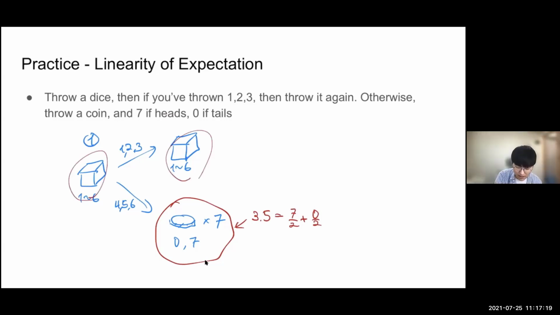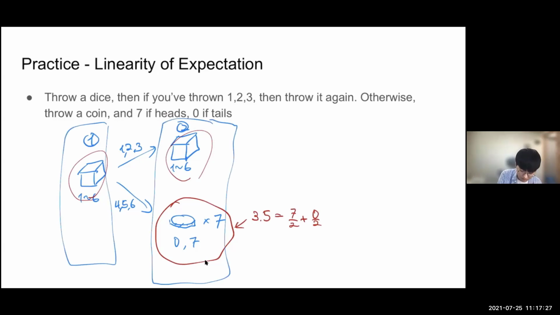So we're adding these two numbers up, which means we're adding the expected value of this and the expected value of this. Regardless of whether you've thrown a 3 or a 4 on the first throw, the expected value of the second throw is 3.5. And we also know that the expected value of the first throw is also 3.5. So you just add them all up. So the expected value is 7.